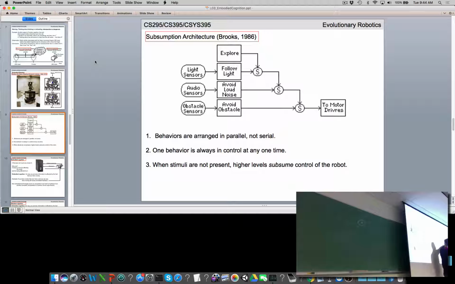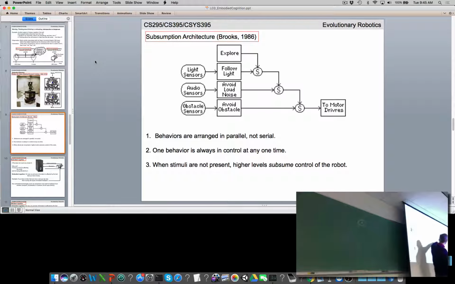It takes over control of the motors, and it takes that control away from this component, which had picked up on a sound and was directing the motors to move away from a sound. So the intuition behind the subsumption architecture is you can do higher order things, but if any of your lower level needs ever put up their hand, those should be responded to immediately.